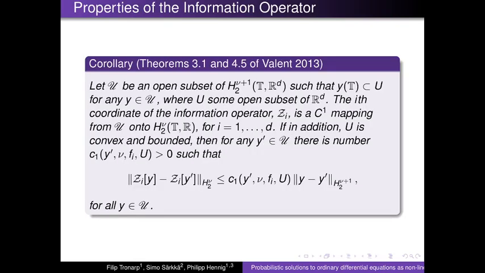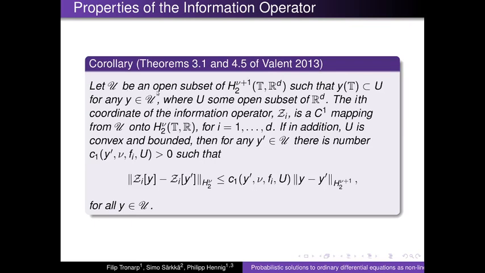And so before we look into convergence, we might want to examine how this information operator behaves, and essentially a straightforward consequence of theorems 3.1 and 4.5 of Valent from 2013 gives this kind of corollary here.